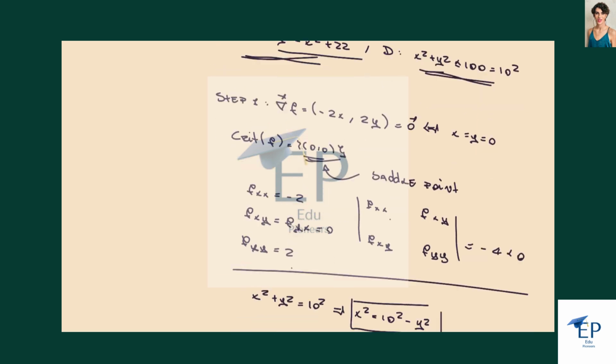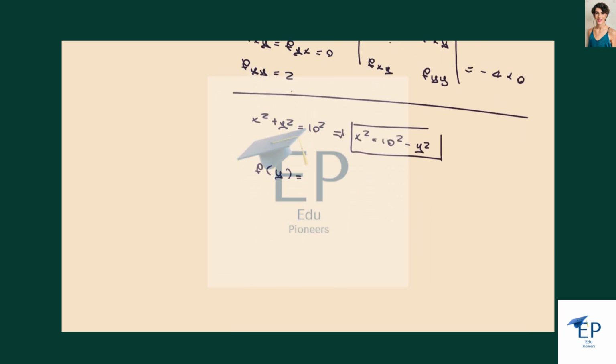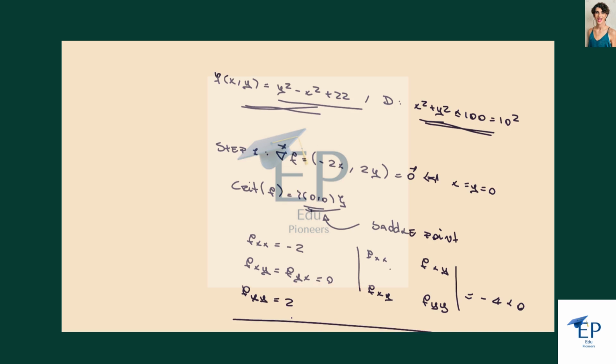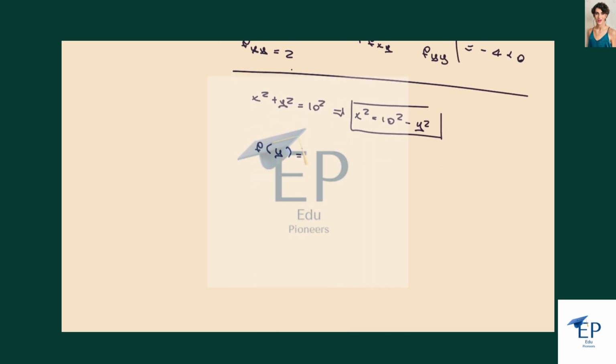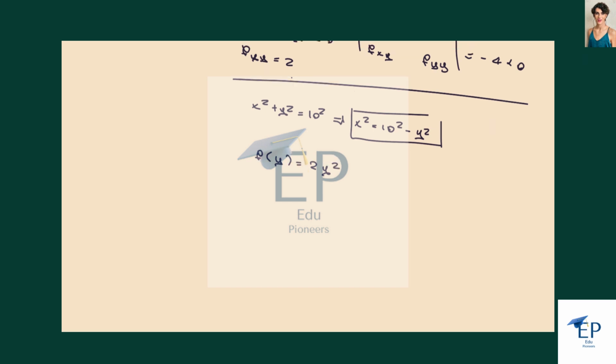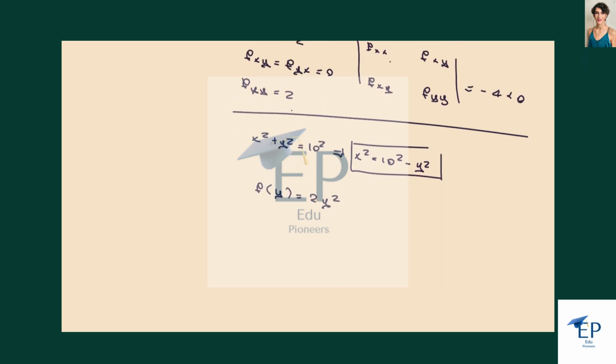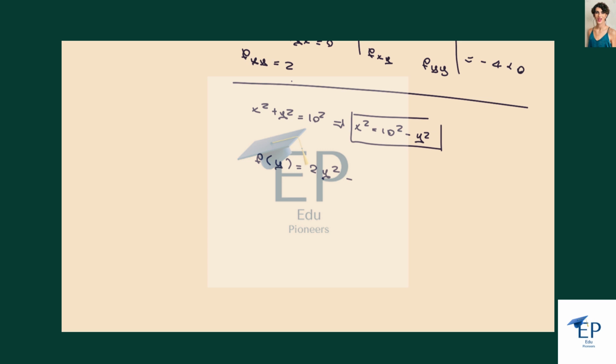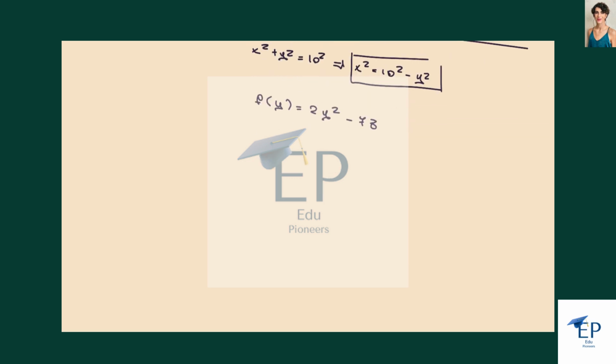Well, this one is y squared plus y squared minus 10 squared plus 22. So 2y squared, okay, 2y squared minus 100 plus 22, so minus 78. Perfect. Okay. Now let's find the derivative of this function.